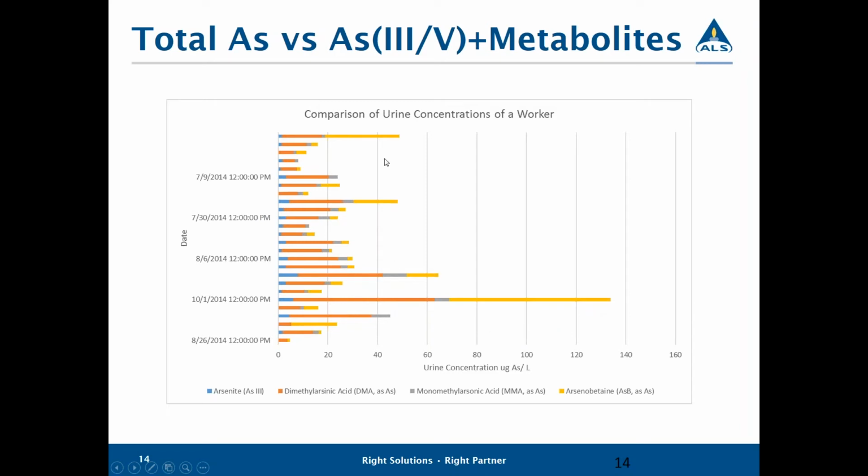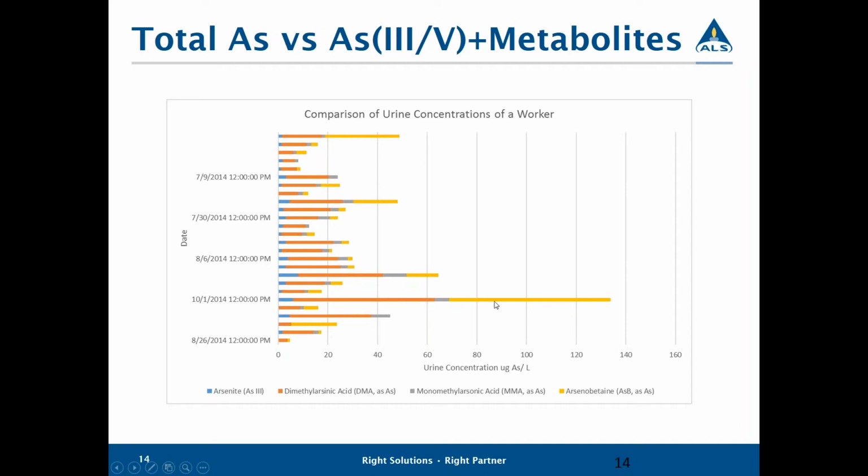If this had been included in a total, which would be the case if you do not use speciation for the arsenic species in the sample, then you can see that often the yellow would definitely alert you, in some cases very much so, to high levels of arsenic.